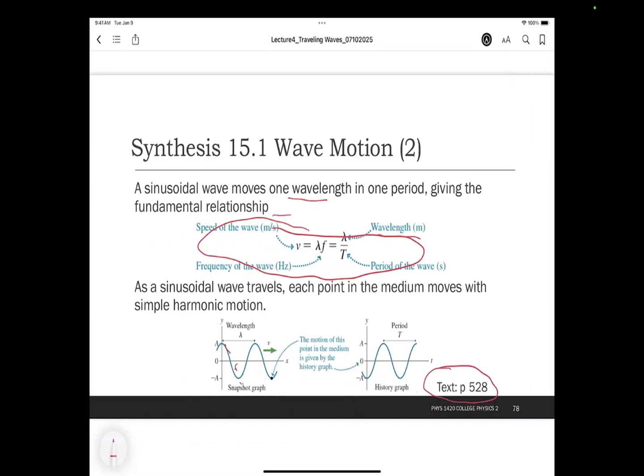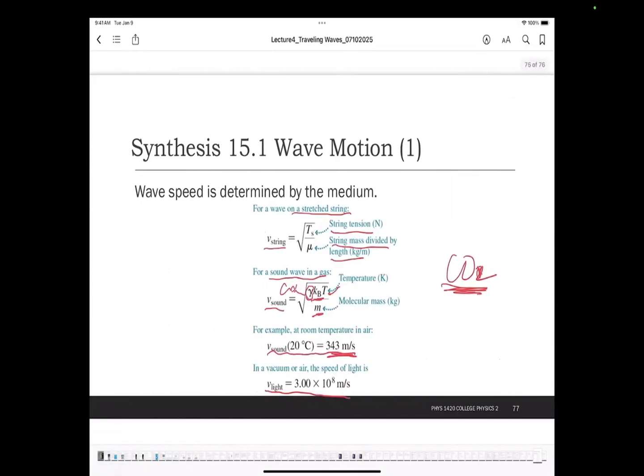This is what we talked about today, and I hope you can learn something about waves. Just remember, today we focused on the wave on the spring and the sound wave, and also a little bit of light wave, but only the speed of light.